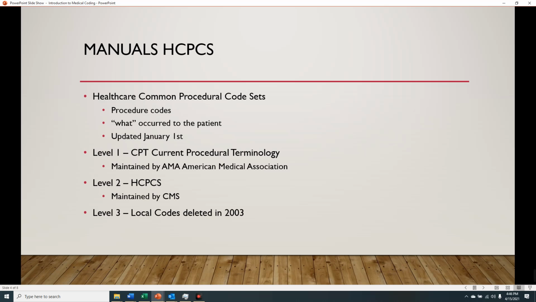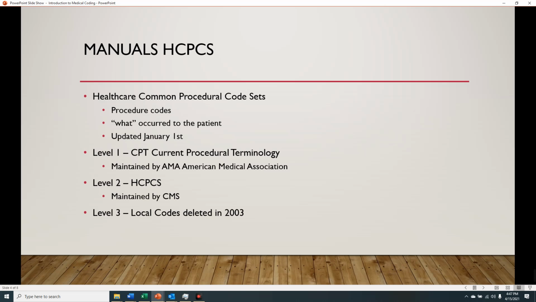So going back to my example, I said that a patient came into the office with a closed fracture and that the physician had to put a cast on the patient. So the casting is the what occurred to the patient. These codes are updated January 1st of every year.